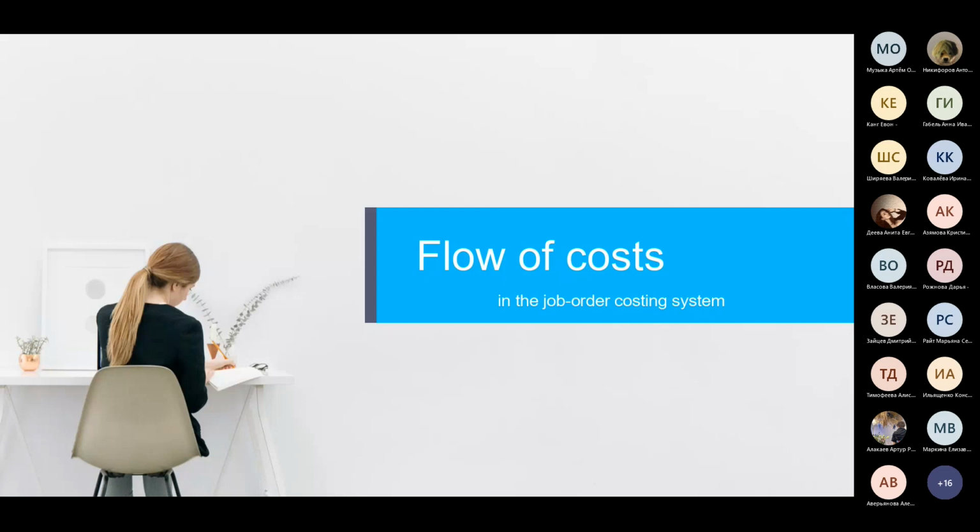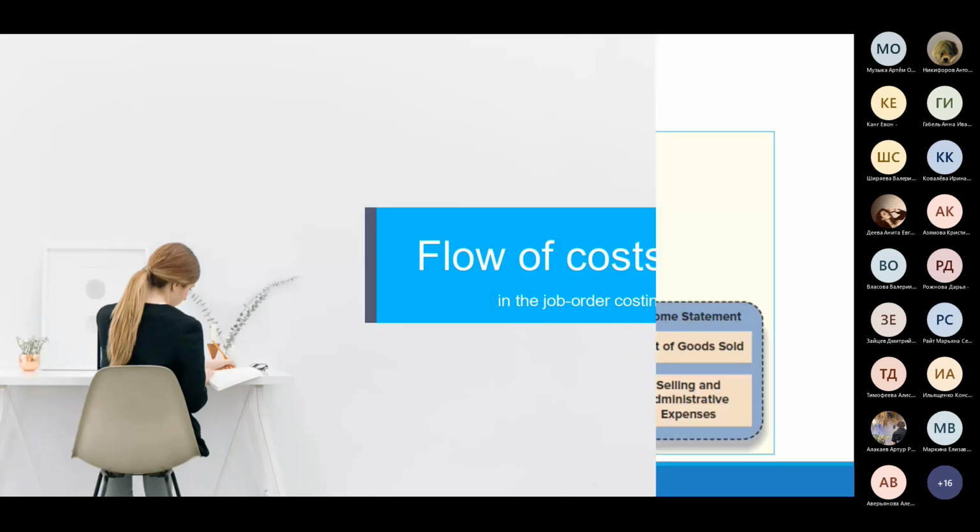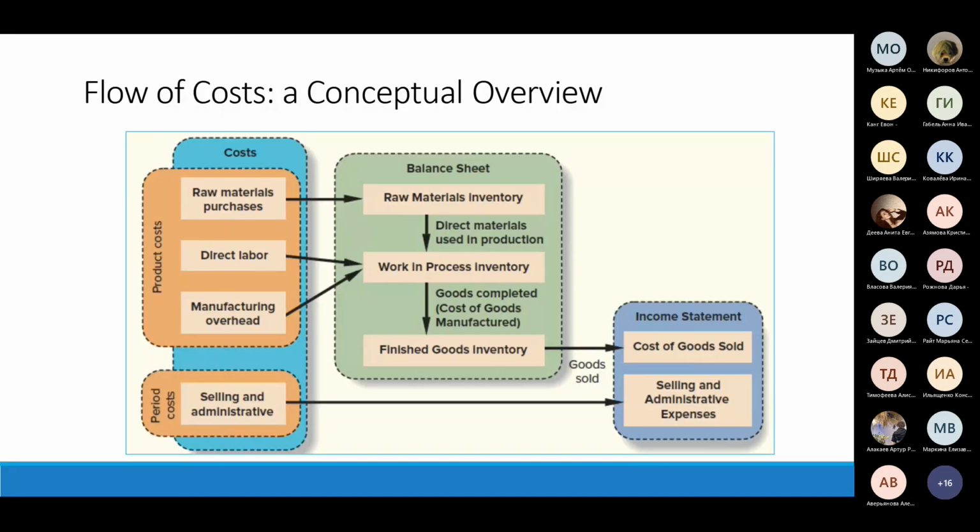So when we monitor the flow of costs under the job order costing system, we can remember that the conceptual flow of cost is including several documents as cost sheets and documents that are related to costing system, then balance sheet and the income statement.